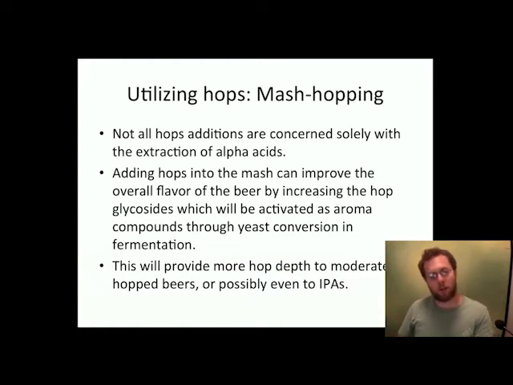And this is going to provide more depth to your beers, especially more moderately hopped beers that aren't really being overpowered by the rest of the hops. But you can also get it in IPAs as well. It can be a background sort of tone that adds depth to the beer.